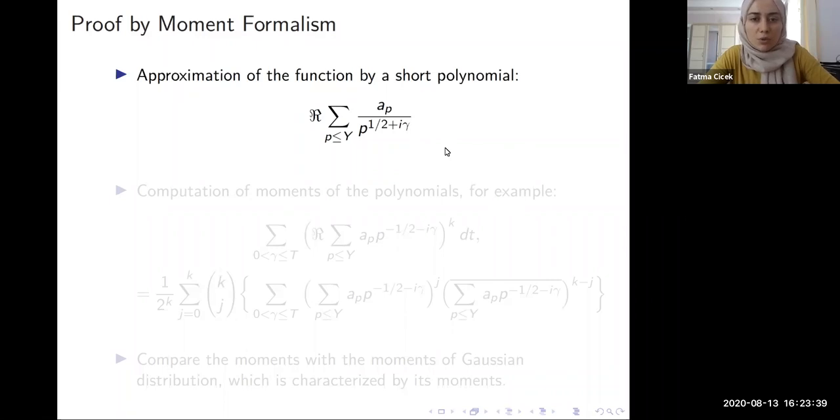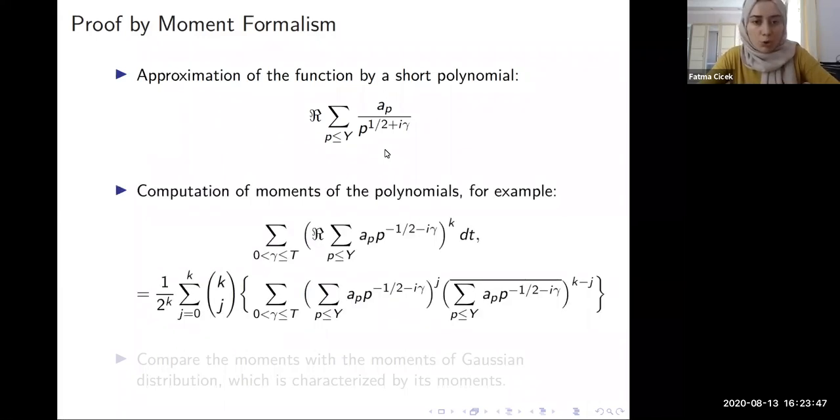The polynomial has to be short enough so that we are able to compute some moments. Let me speak about what that means. When I say moment, I mean the average of some power of your function. In our case, we will only look at the average of an integral power of the function, so k here is a positive integer.